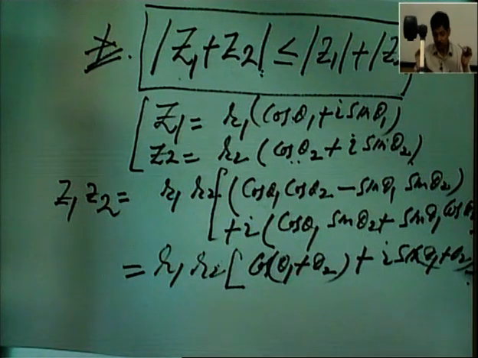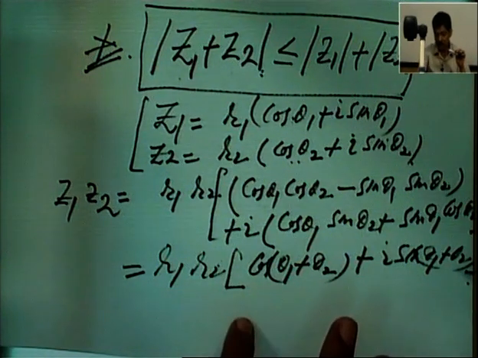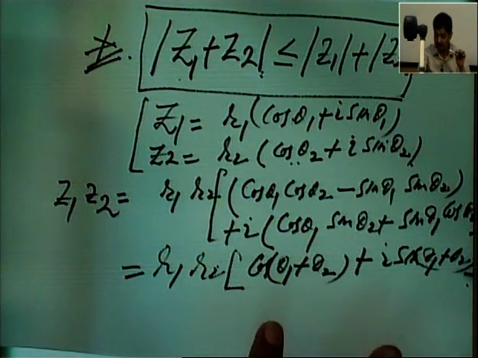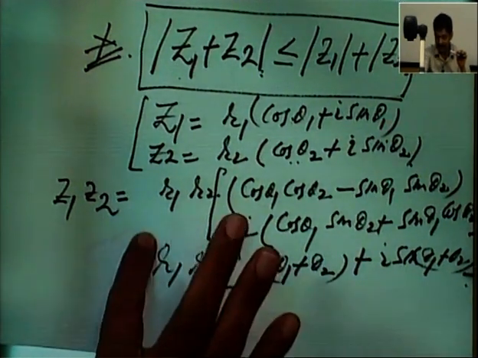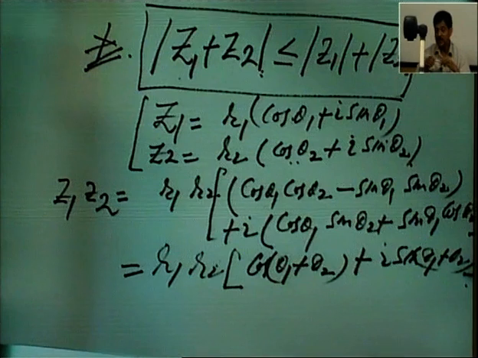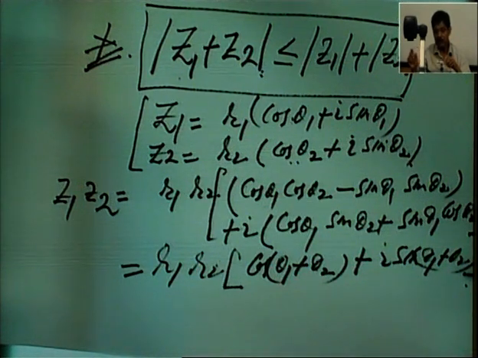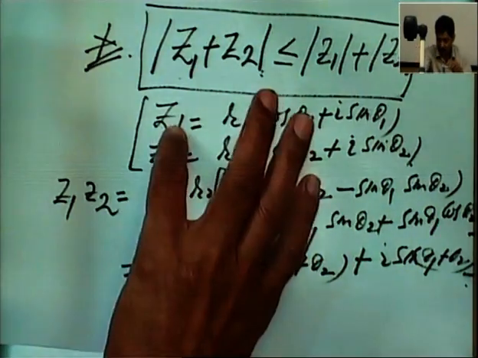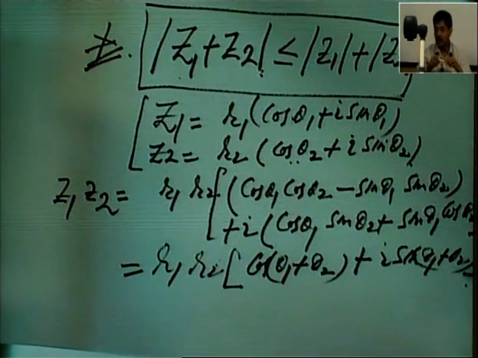So, without doing any serious calculation, I have merely written z1 z2 is equal to r1 r2 into cos of theta 1 plus theta 2 plus iota sin of theta 1 plus theta 2, where z1 I chose as r1 cos theta 1 plus iota sin theta 1, and a similar expression for z2.